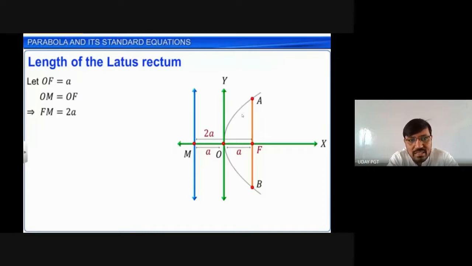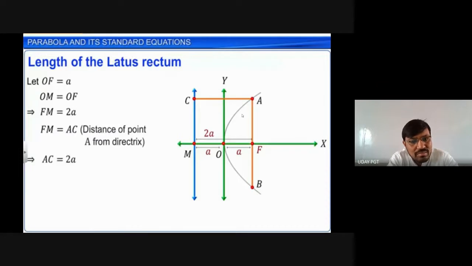OF length is a, and OM length is equal to OF, that is 2a. And when you take AC length, that is also equal to 2a. When AC length is 2a, AC will be equal to AF as per the definition, isn't it? Because the definition is the set of all points. A is a point on the parabola. So what is the A to F distance?